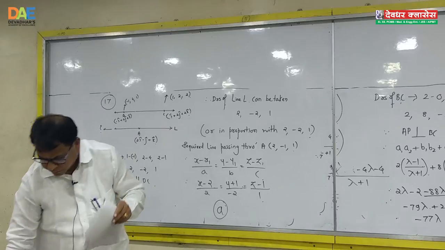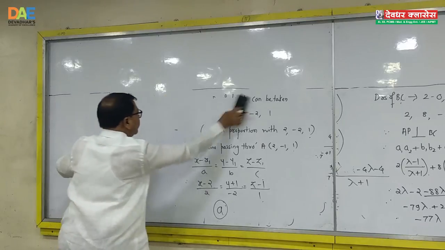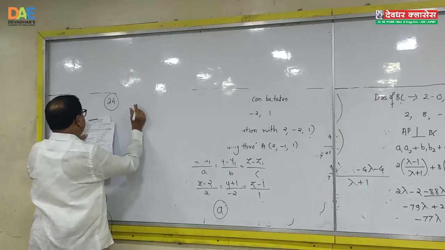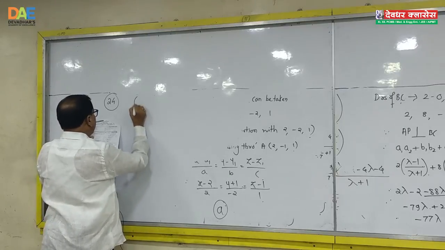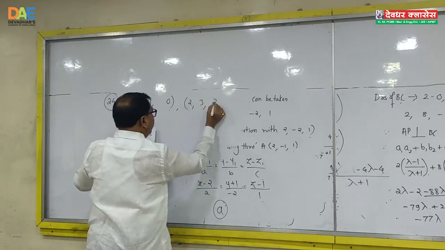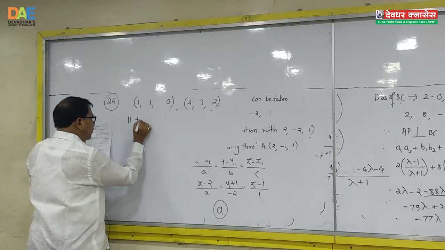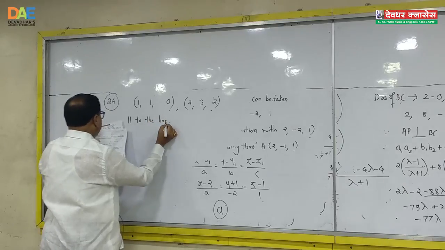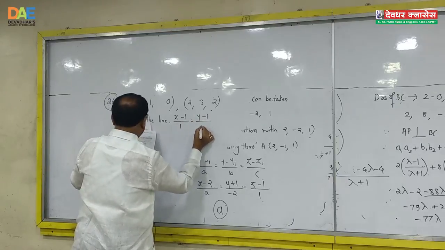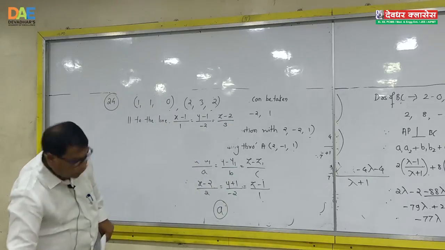The vector equation of the plane through the points (1, 1, 0) and (2, 3, 2) and parallel to the line (x minus 1) upon 1 equals (y minus 1) upon -2 equals (z minus 2) upon 3. We have to find the equation of the plane.